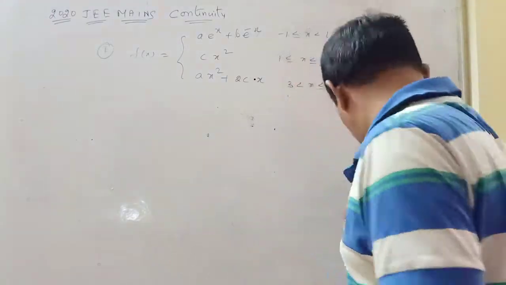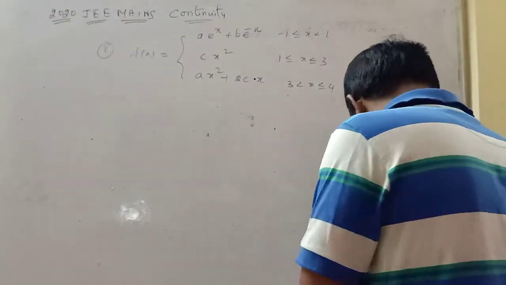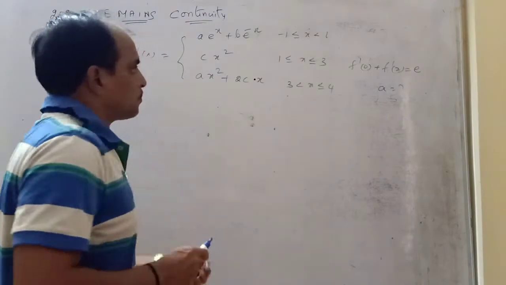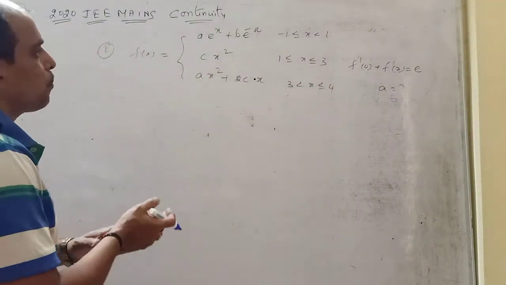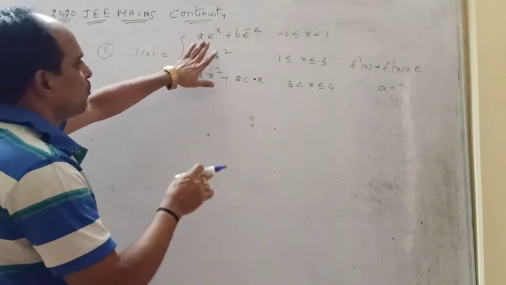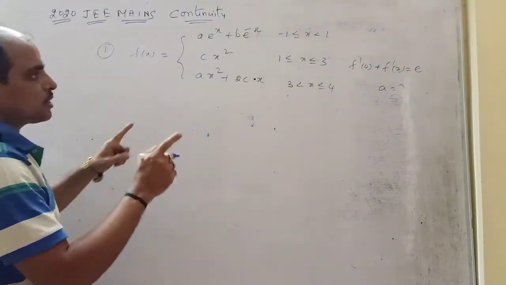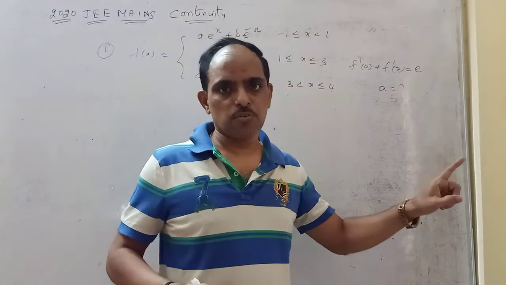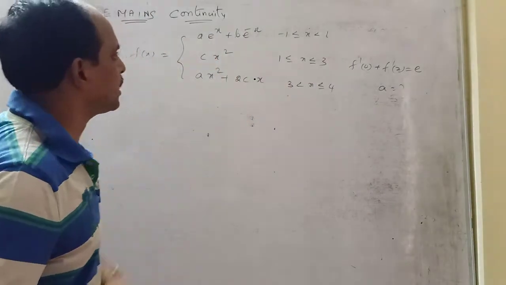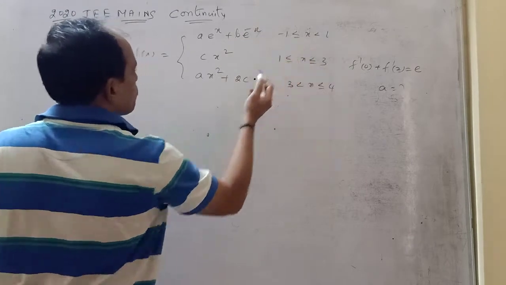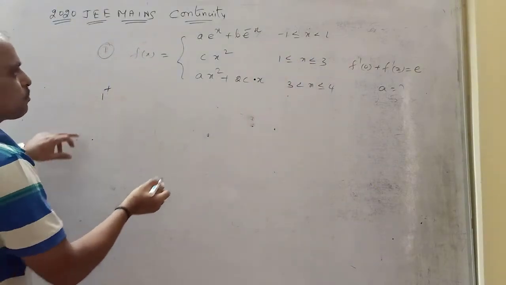Let us see. First, because it is differentiable, whenever the function is differentiable, it must be continuous. So I am going to check continuity, that is 1 plus and 1 minus. What about 1 plus?